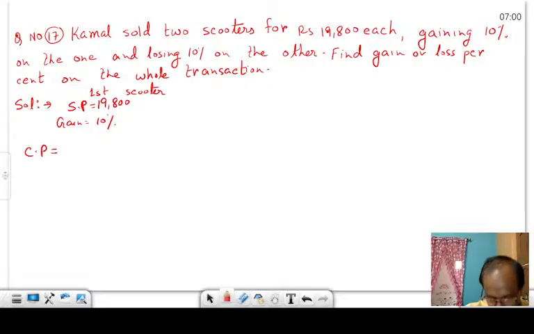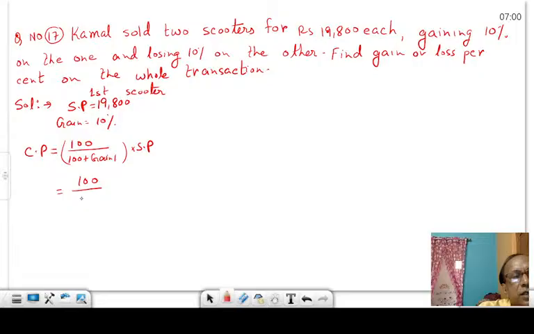The formula for finding cost price is 100 divided by (100 plus gain percent) into selling price. So 100 plus 10 is 110, and selling price is 19,800.